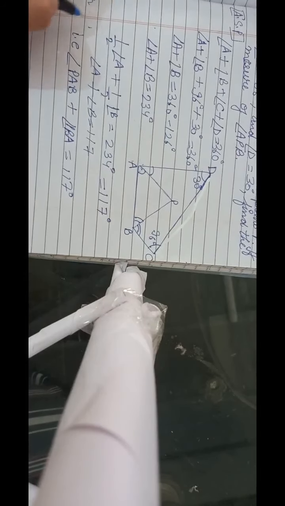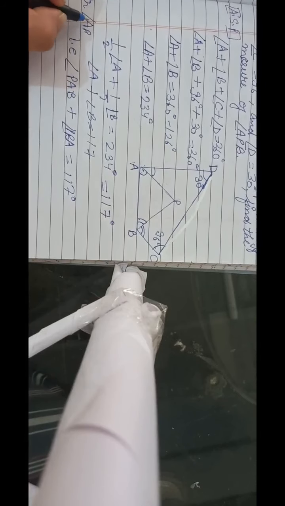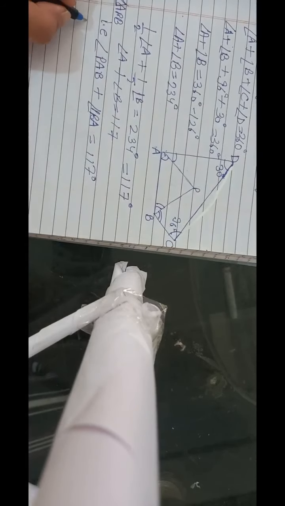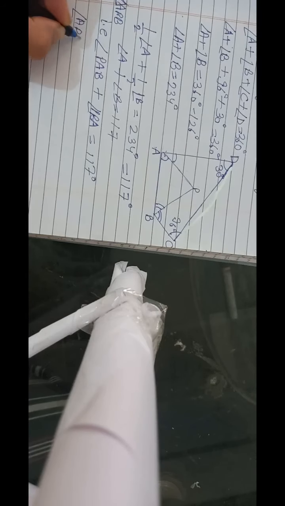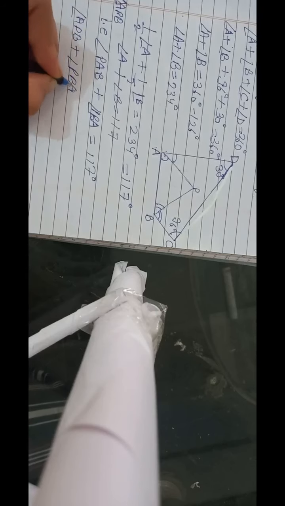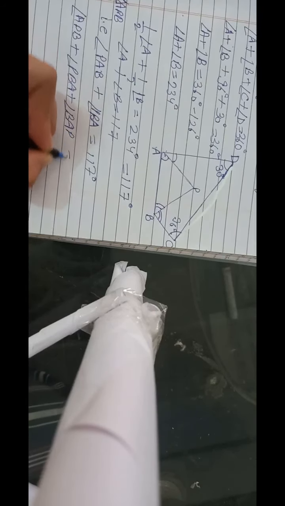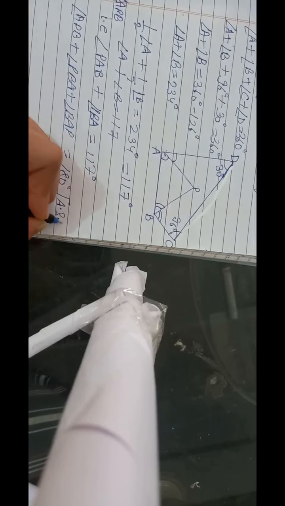Here we will write in triangle APB. Here's the symbol. Okay. So angle APB plus angle PBA plus angle BAP is equal to 180 degree as angle sum property of triangle.